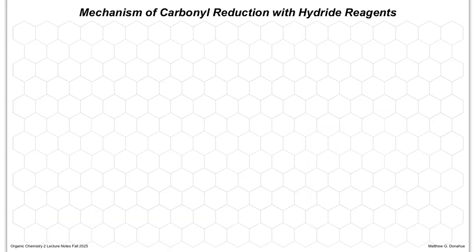So let me just show a cheap mechanism here with some arrow pushing of how things are going to flow. If we start with this carbonyl containing compound, so that's a ketone. It's called propanone.